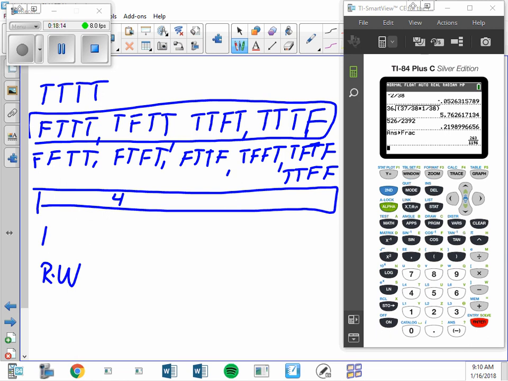Okay, if 2 events are independent, if the first one does not affect the second one, then you can multiply the probability of the first one and the probability of the second one. So look at that formula under core concepts. See how it says the probability P of A and B equals P of A times P of B. So this is probability notation.